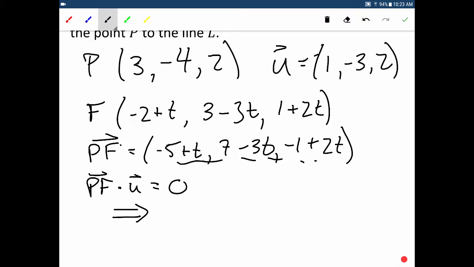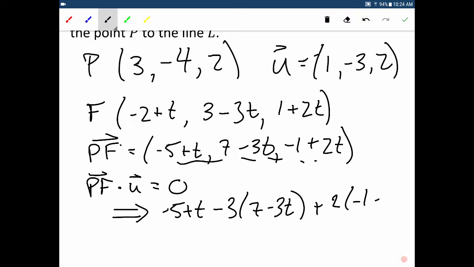So the equation you end up with is -5 plus t, minus 3 times (7 minus 3t), and so on. I'm just taking the dot product of the U and the PF. They look complicated because there's so much in there, but we're just breaking it into the components.